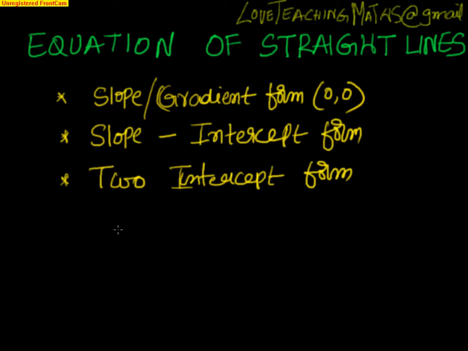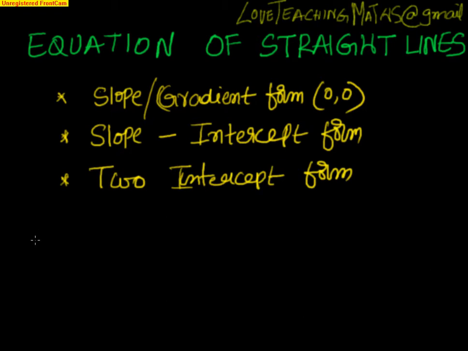So let's go ahead and see how to derive the equations for these one after the other. Let me start with the slope form. Slope form says that you have to find out the equation of the line.